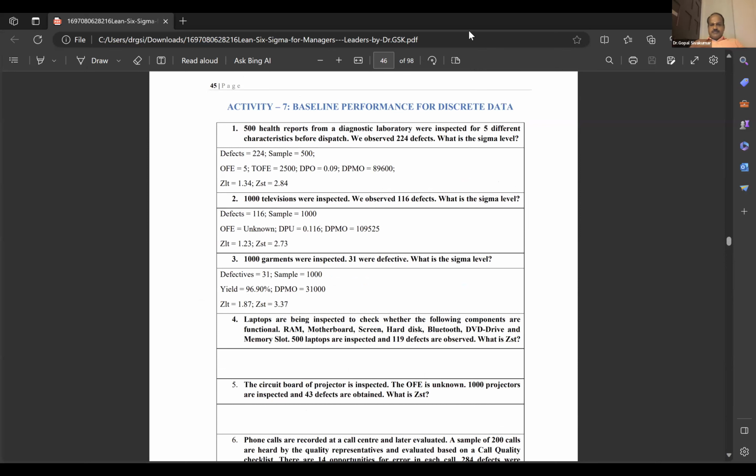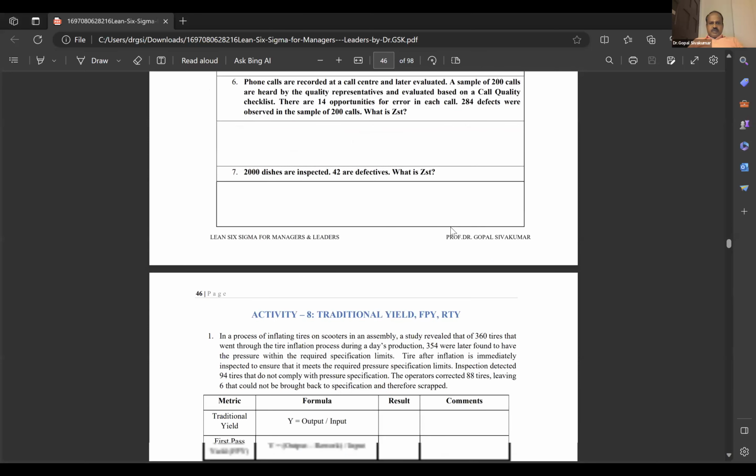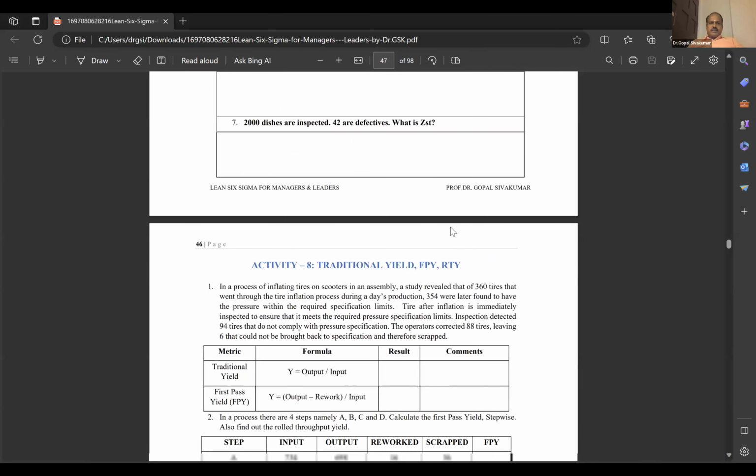Any doubts? Everything is perfect? Sir, in that, the scrapped ones, do we need to account for them, because there is a separate column mentioned as scrapped, 36, 43 like that in the second? I will show it again. So here, right? Tell me which one.